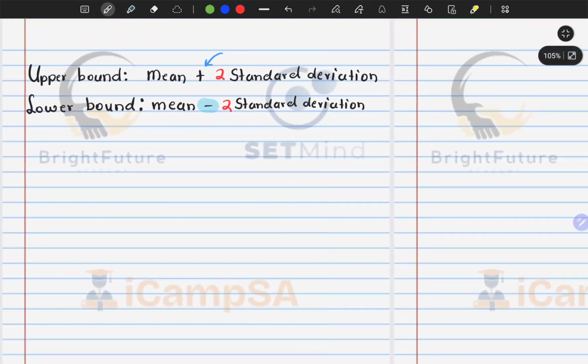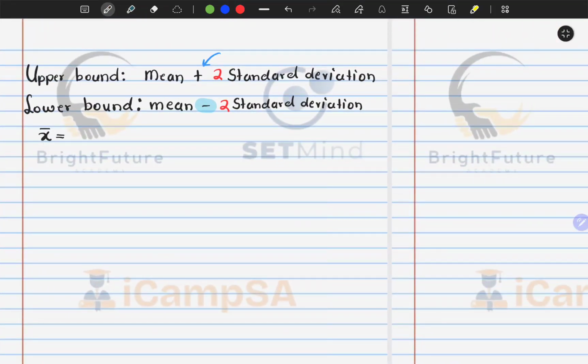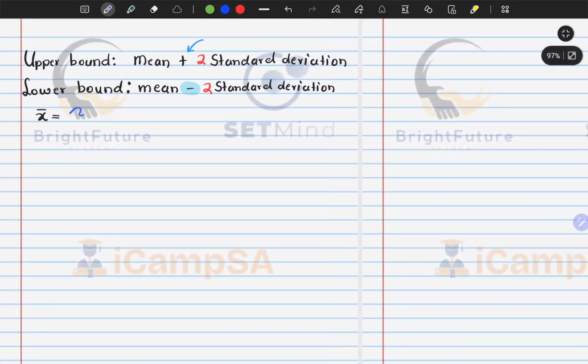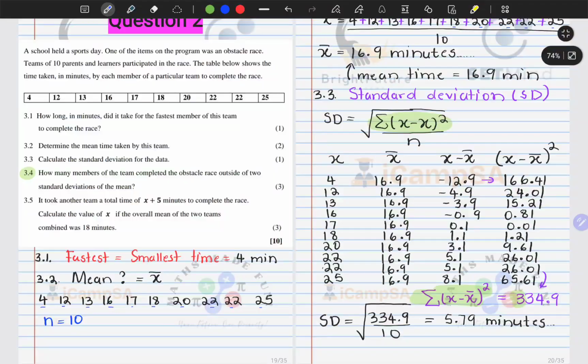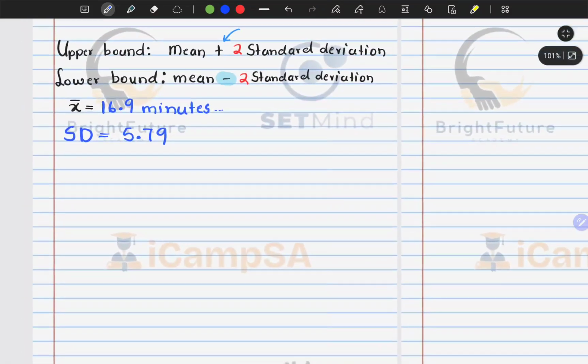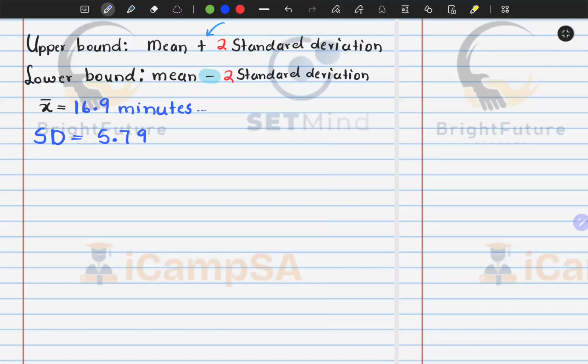If you remember, our mean is, let's go and check, 16.9 minutes. And for our standard deviation, we found 5.79. So let's look at our upper boundary.